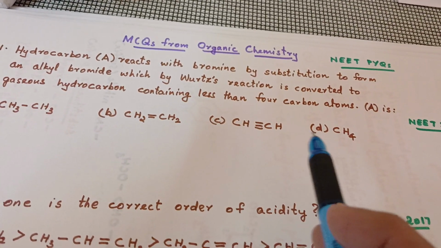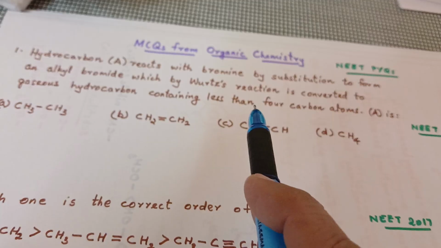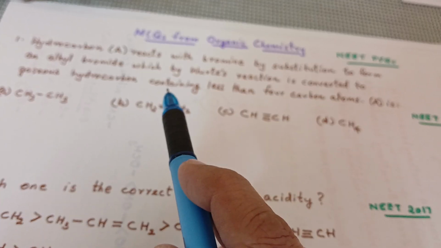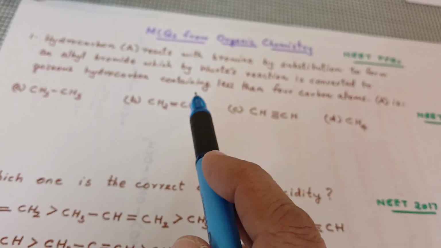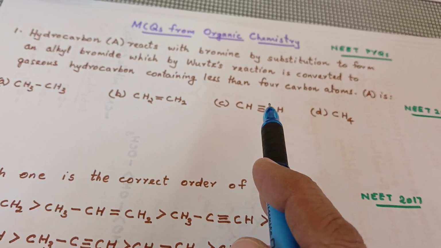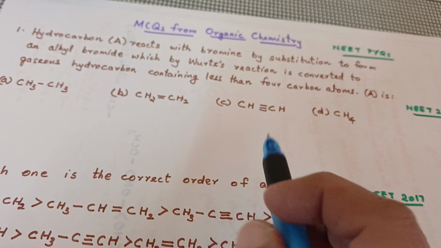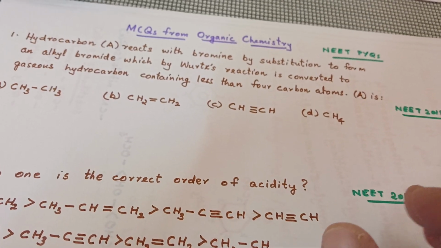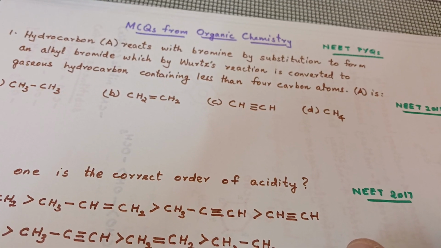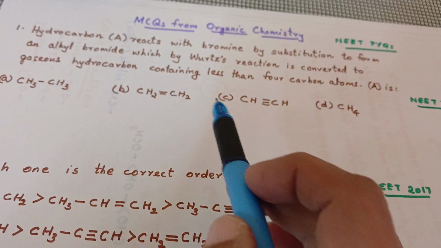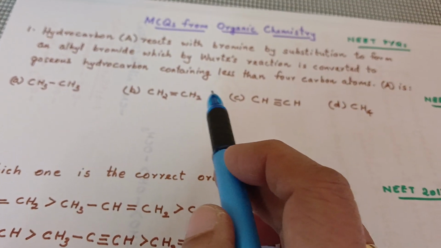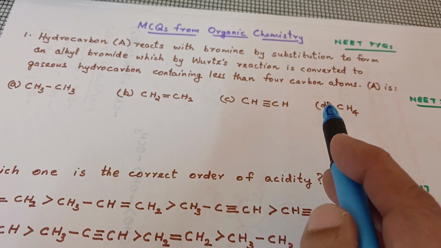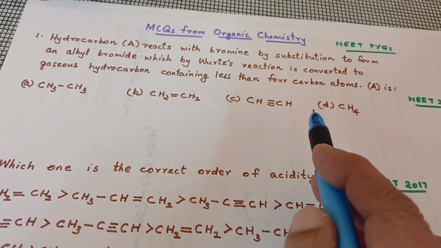So it is said A is a hydrocarbon and it reacts with bromine by substitution to form an alkyl bromide, which by Wurtz reaction, you know that the product of a Wurtz reaction will always contain an even number of carbons. Then it is converted to a gaseous hydrocarbon containing less than 4 carbon atoms. So that is one other condition which we are given.